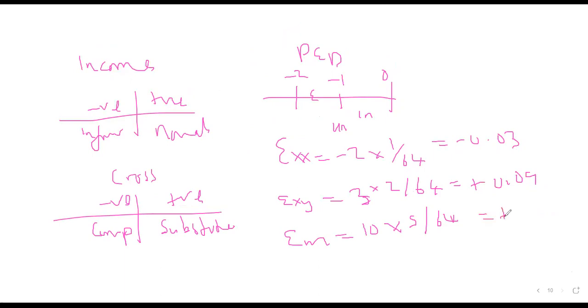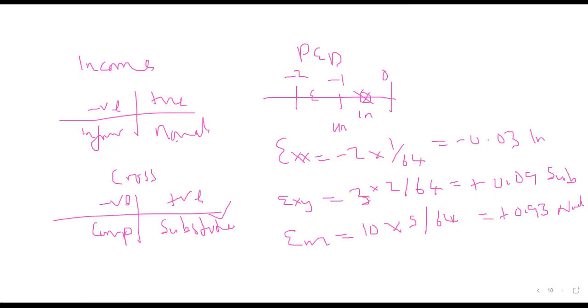We get positive 0.93. For this one, since it's between 0 and 1, anything starting from 0 point something, it is inelastic. So here we say it is inelastic. Here, for cross price elasticity, when it's positive, it means it's a substitute good. So here we say it's a substitute. Income elasticity, when positive, we say it's a normal good. That's all.